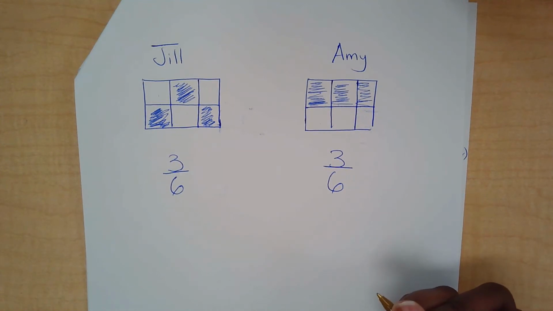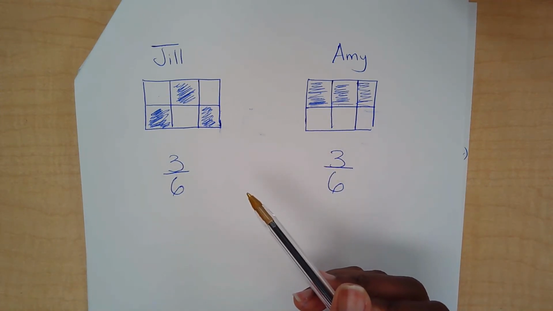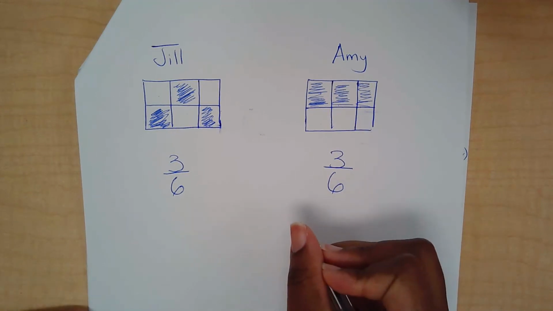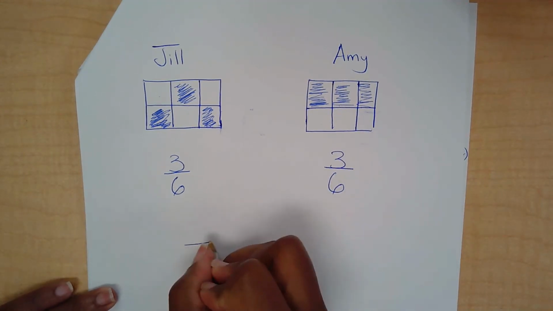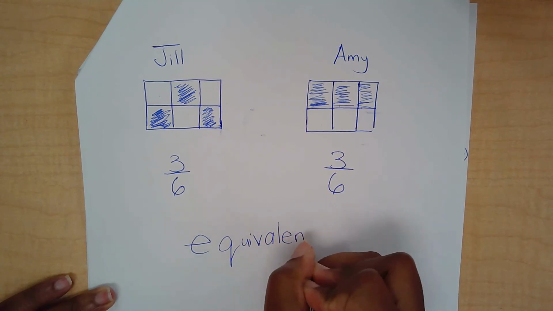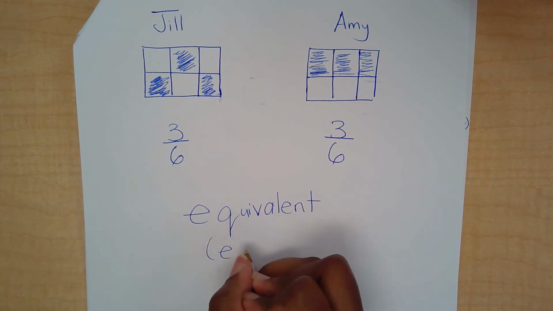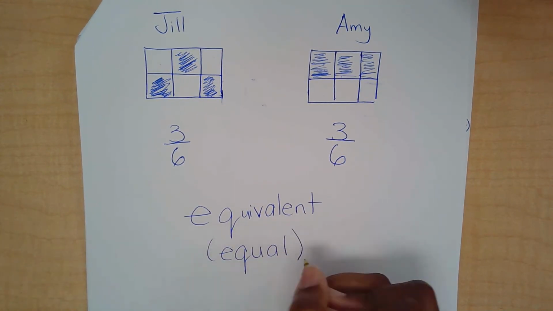What does that mean if both fractions have the same denominator and the same numerator? Well, that indicates that the fractions are equivalent. I wonder if this word looks like anything you've ever seen before. Well, if you said equal, then you're correct.